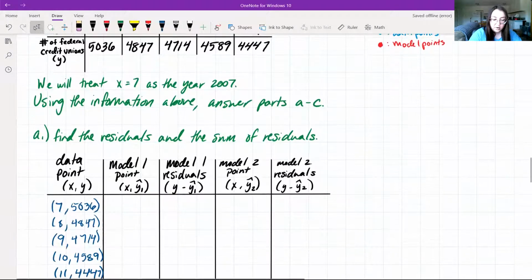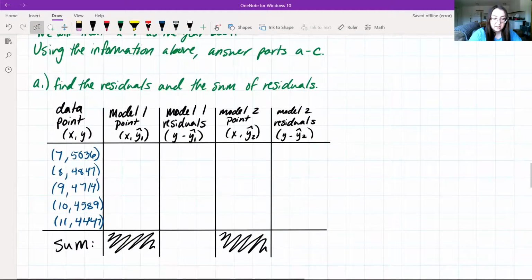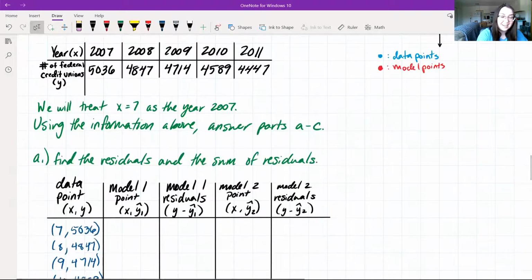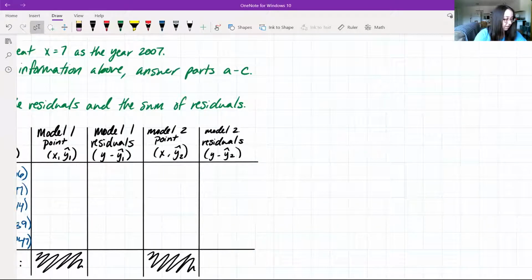And now we want to make our models. All right, I forgot to fill in the equations that we are given. So let me write that now. This originally gives us 2 equations to use.